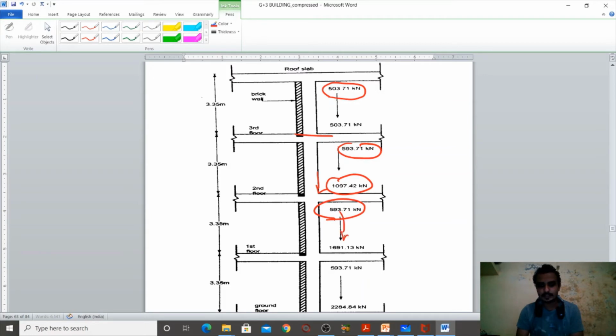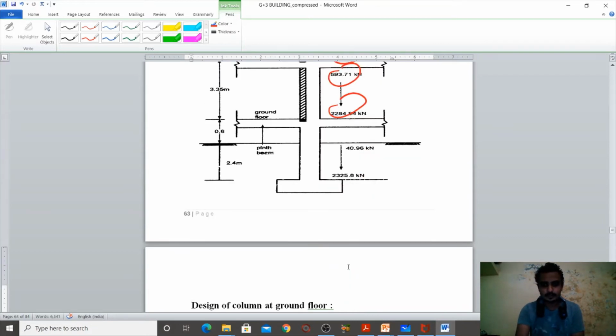Then 593.71 transfers here, so 1691.30. So this load is 2284.84, and here the ground floor is completed, and then from plinth to footing 40.96. So total load on the footing is 2325.8 kilonewton.